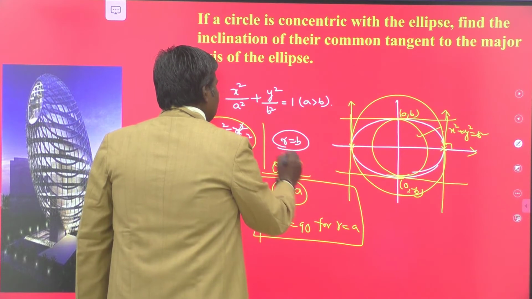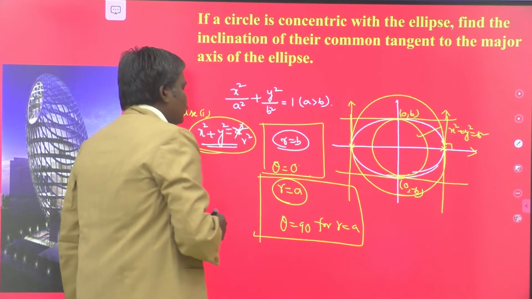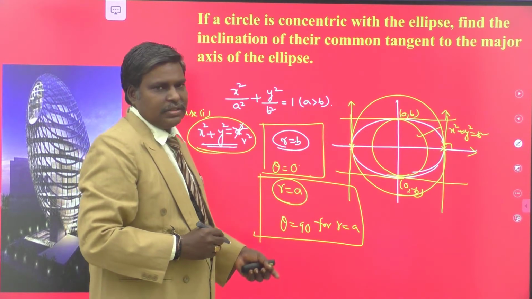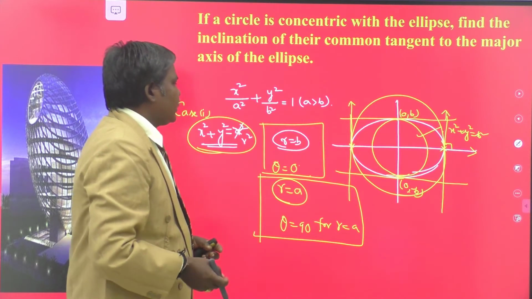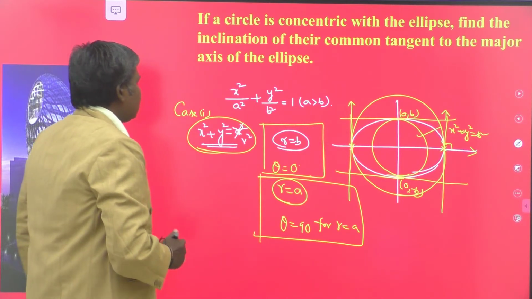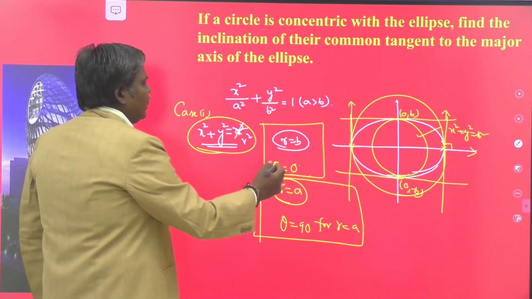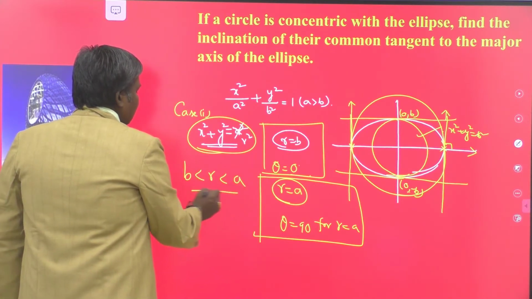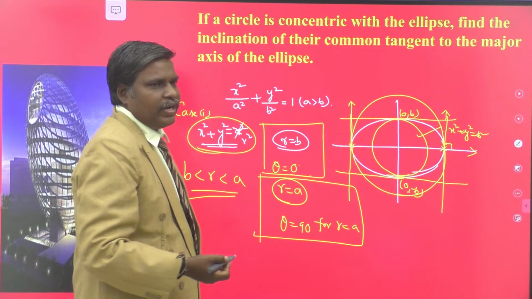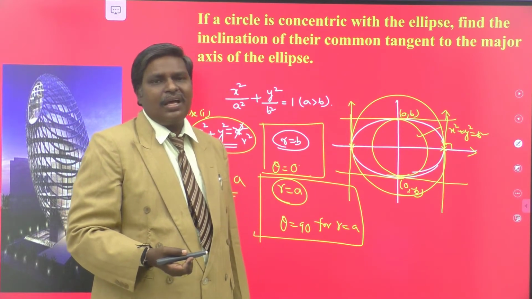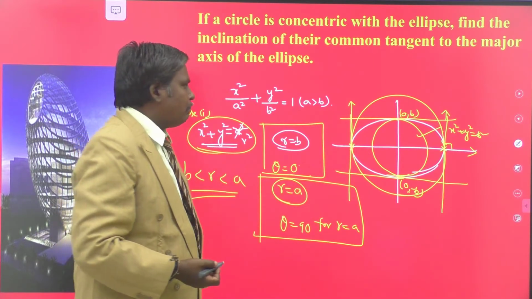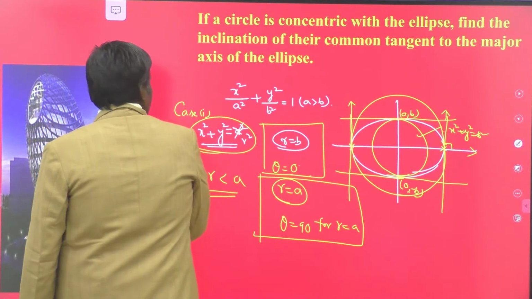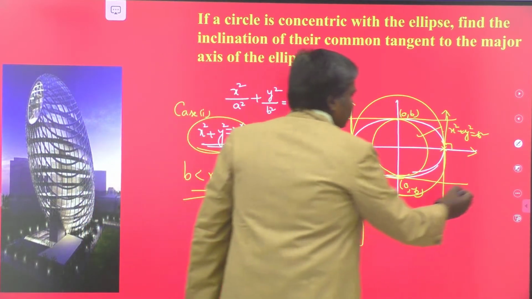For r is equals to b, theta is equals to 0 degrees. Now let us see the general case. That means your radius lies between b and a, b less than r less than a, at that time we have to find out the inclination of the common tangent to both curves. Okay, let us draw the figure once again.